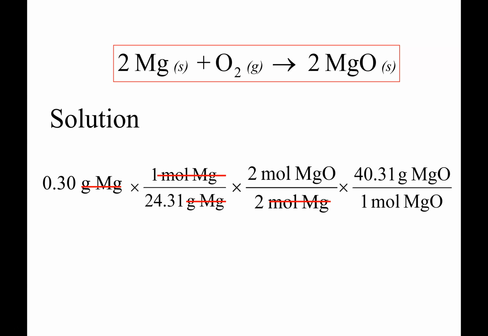So it's not the O2. We don't care about the O2. We're focusing on the Mg and MgO. So why do we use the 2 moles of magnesium? The 2 moles of MgO are on the top, the 2 moles of magnesium are on the bottom, because we're starting with magnesium. Oh, I see. And then we're left with MgO.